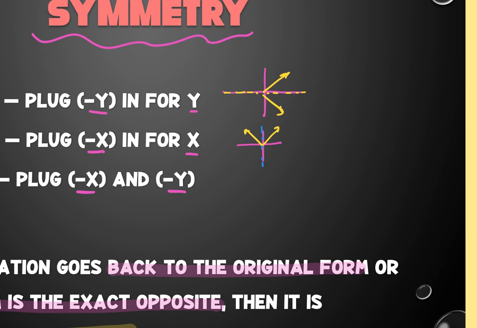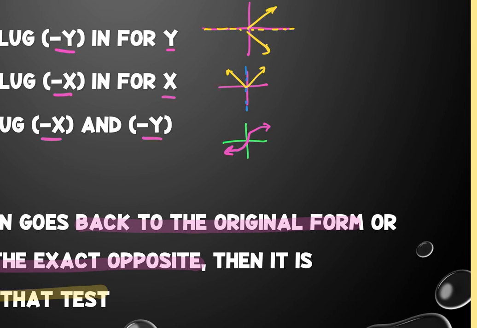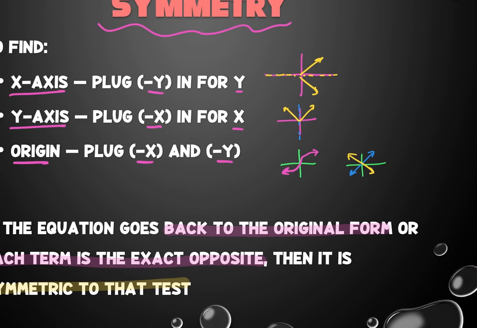And then if it's symmetric to the origin, what happens in the top right quadrant happens in the bottom left. So a cube root function would have symmetry to the origin, okay? Just a y equals x line would have symmetry to the origin, or y equals negative x would have symmetry to the origin. So whatever's happening in the top right is happening in the bottom left, and vice versa, top left to bottom right.